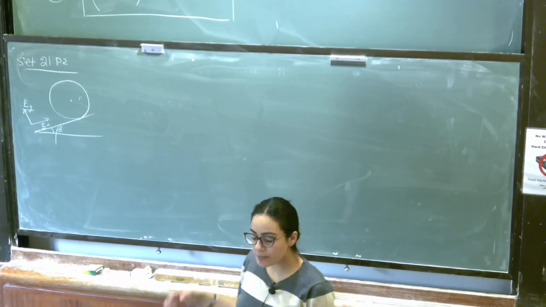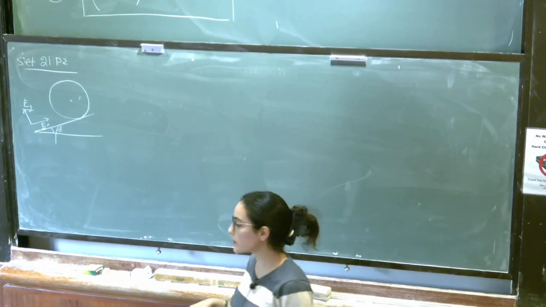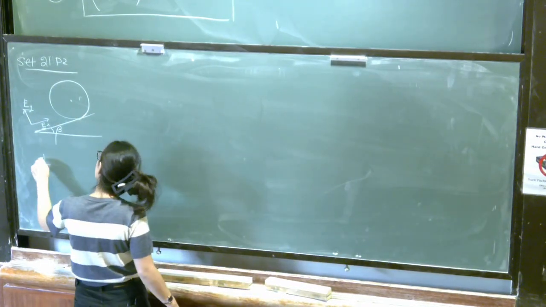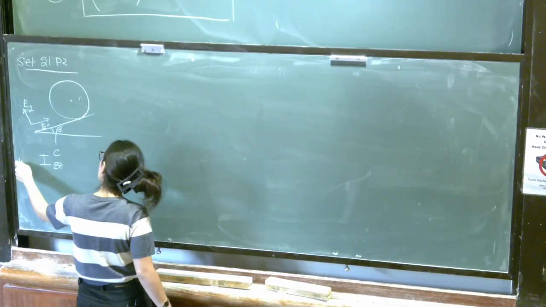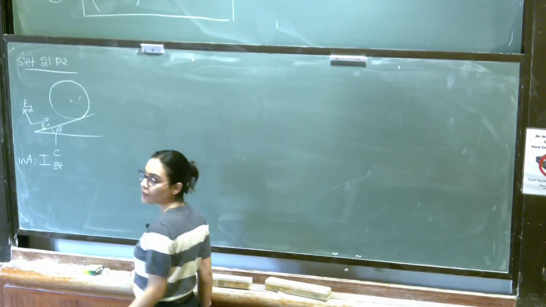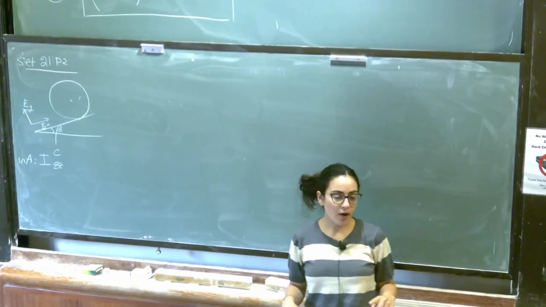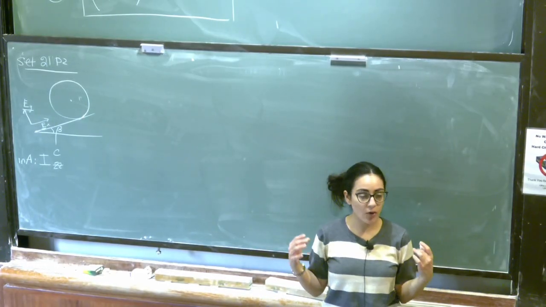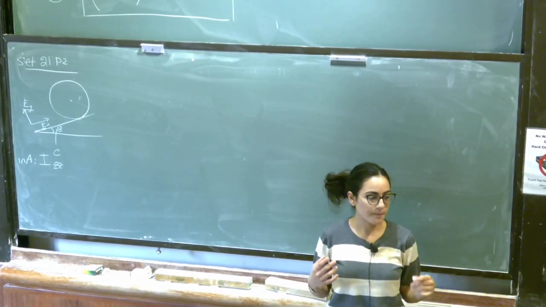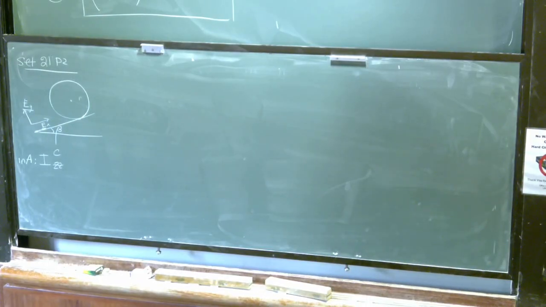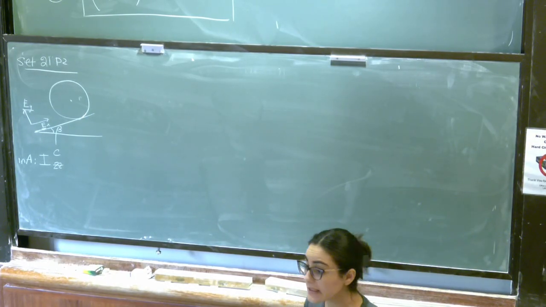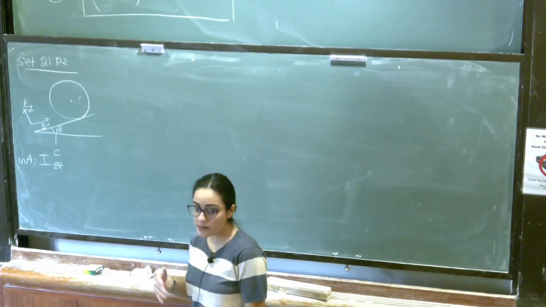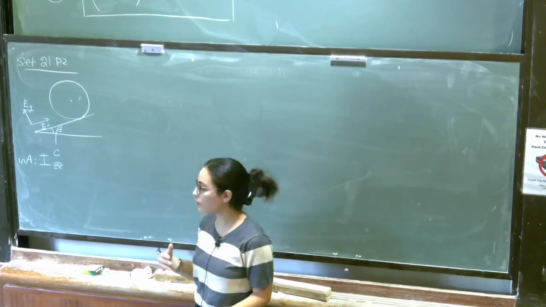Okay? So between the two systems, what's the only difference? What is I_CZZ for A? What is the moment of inertia of disk A about its own center of mass? It's going to be 0 because all the mass is concentrated at the z-axis passing by the center of mass, right?